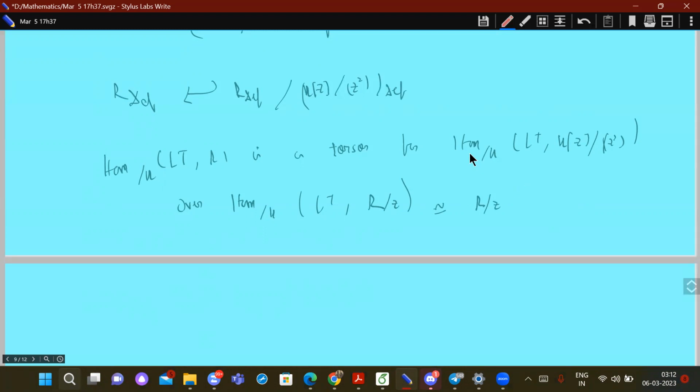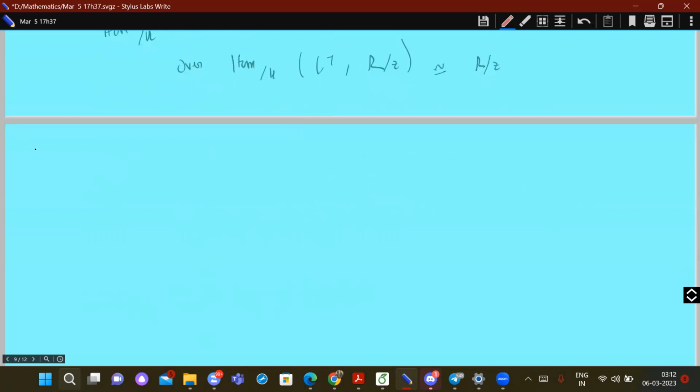So it suffices to prove the following specific case, the description of this data.